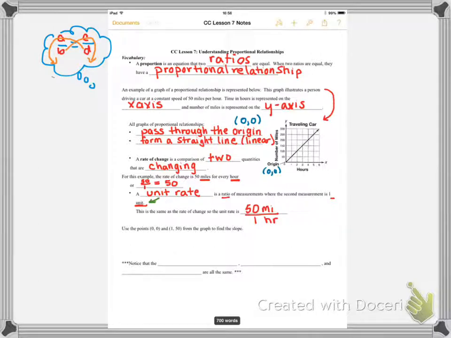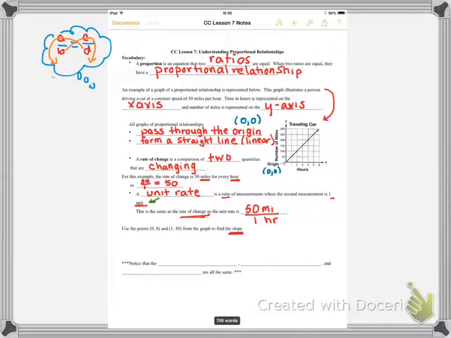So the points 0, 0, and 1, 50, we can use that to find the slope. So rate of change is another way to look at slope. And you're very familiar at this point with how to find slope from 2 points. So just reminding you that's change in y over change in x.